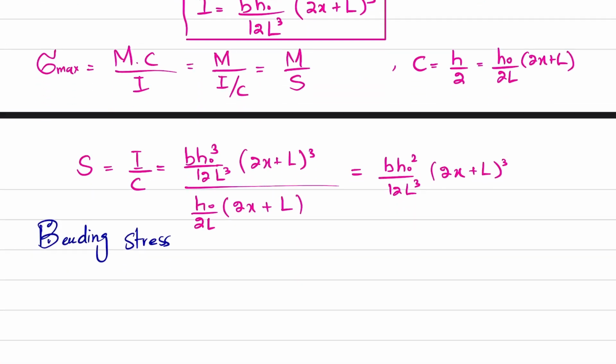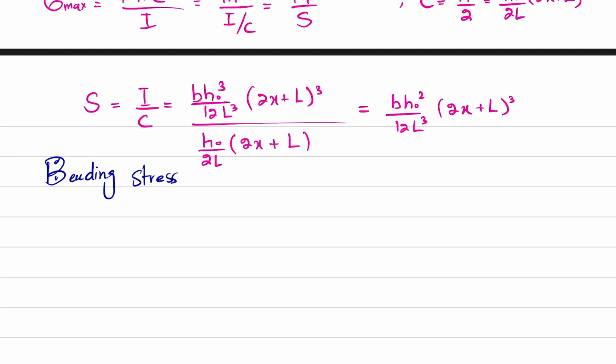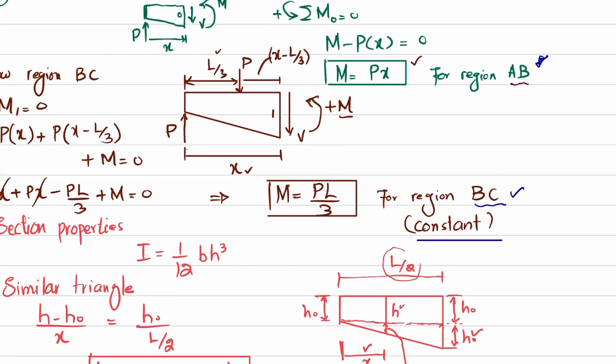So what we will do is consider region AB. For region AB, maximum bending stress is equal to maximum bending moment divided by section modulus. For region AB, maximum bending moment is Px.